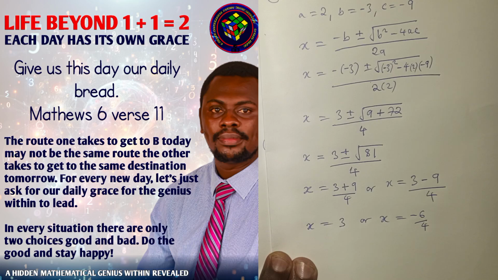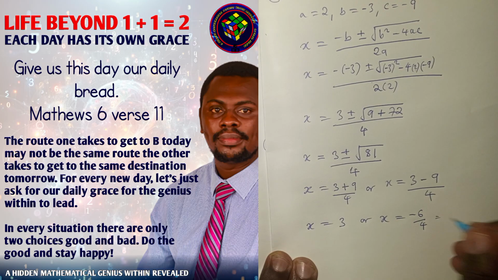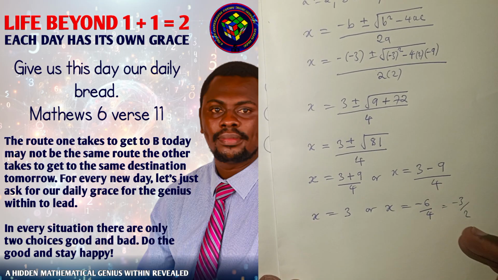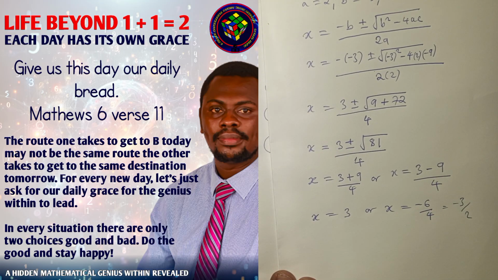Okay, so we can see that the fraction is not simplified, so we need to simplify it. What is the highest common factor for 6 and 4? Yes, it is 2. So 2 in 6 is 3, so you get minus 3 over 2 in 4 is 2. And we don't leave answers as improper fractions. You either leave it as a decimal or a mixed fraction.